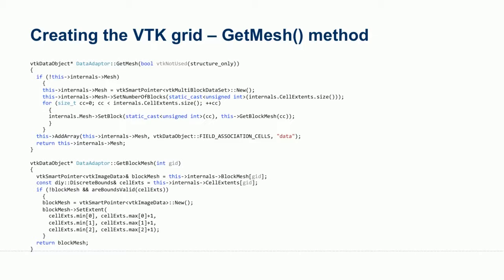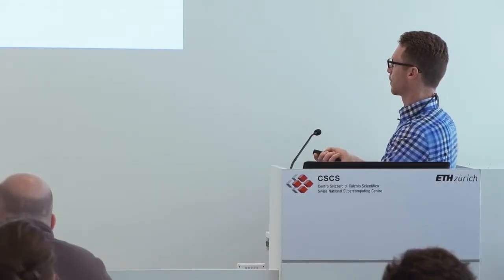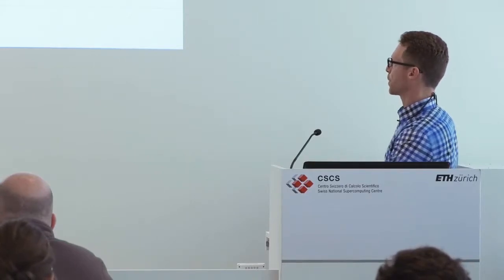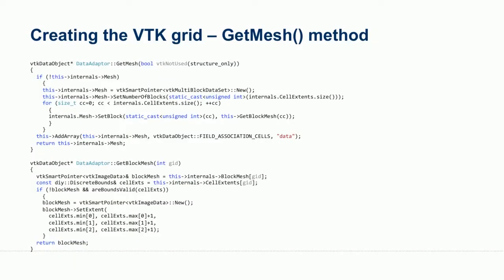So we're just going with the defaults, and this tells where the block is positioned using those defaults. So there you have the get mesh function. Get mesh, again, is for creating the VTK data object that is used to store the simulation's geometry.